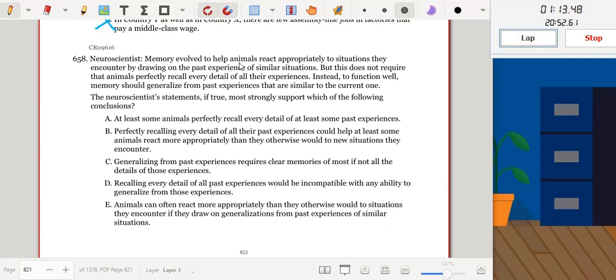Oh, this is not it. C: Generalizing from past experience requires clear memories of most, if not all, the details of those experiences. No, this is not the answer. D: Recalling every detail of all past experiences could be incompatible with any ability to generalize from those experiences. Recalling every detail.